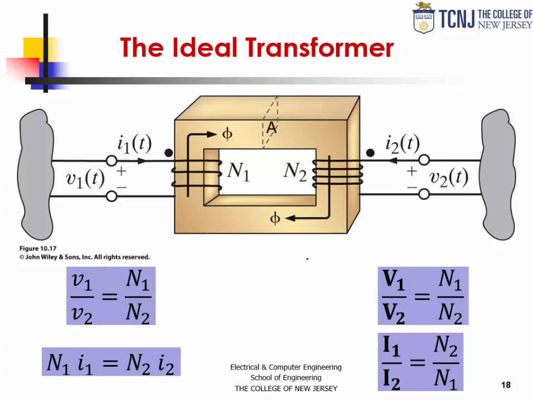And we have the same type of results for the vector voltages and currents for steady state AC circuits. We can also define a constant nu as the ratio of the number of turns from secondary to primary.